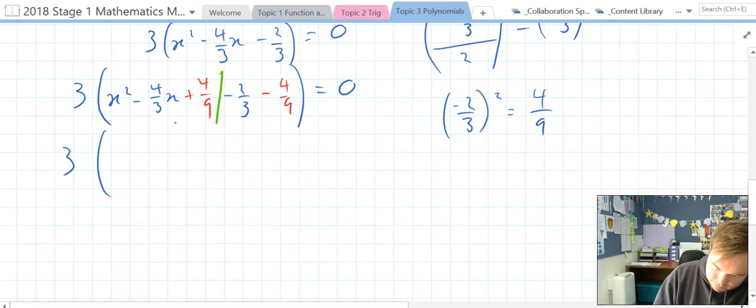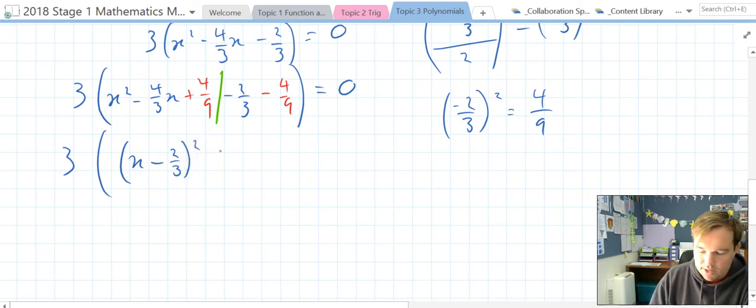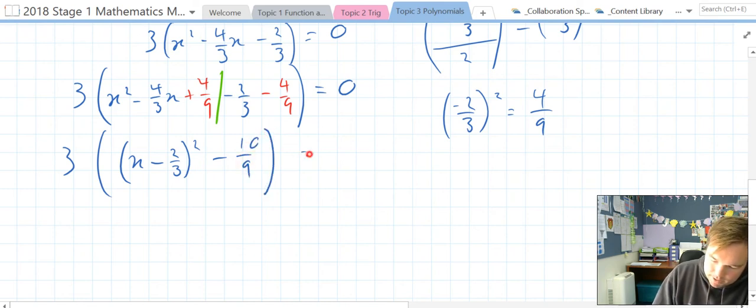This half here comes as x take 2 on 3 squared. And you can sort of imagine that when this squares out, the minus 2 on 3 multiplied by itself will get you that positive 4 on 9. And then dealing with this, well, this here is going to be minus 10 on 9 equals 0.